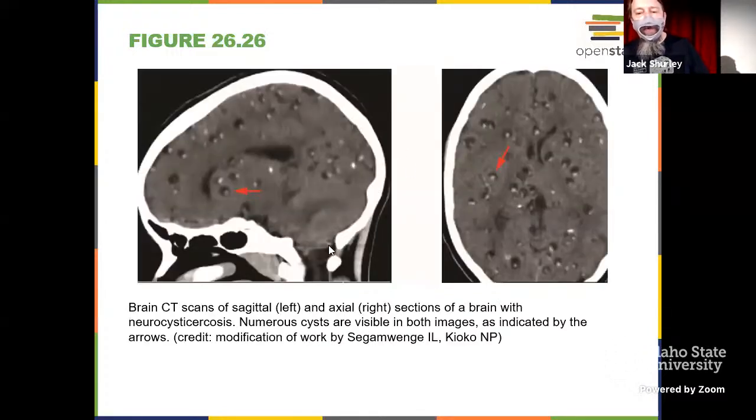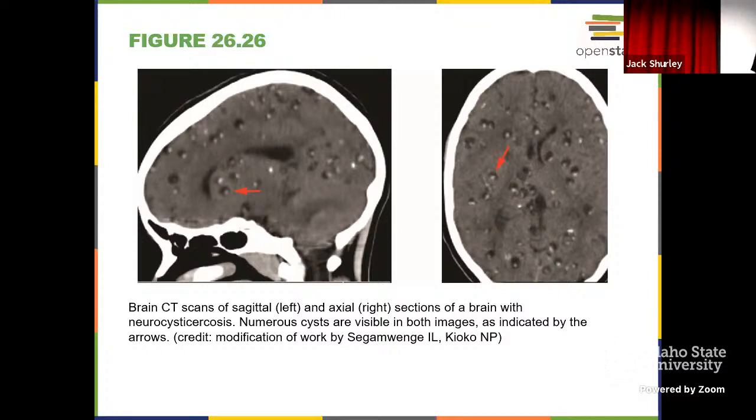Okay, so this is a section, a brain scan with neurocysticercosis. Cysticerci are the cysts of the pork worm, Taenia solium, the pork tapeworm. And the cysticerci are the cyst stage that would follow the consumption of eggs. So this would be poor hygiene or something like this.